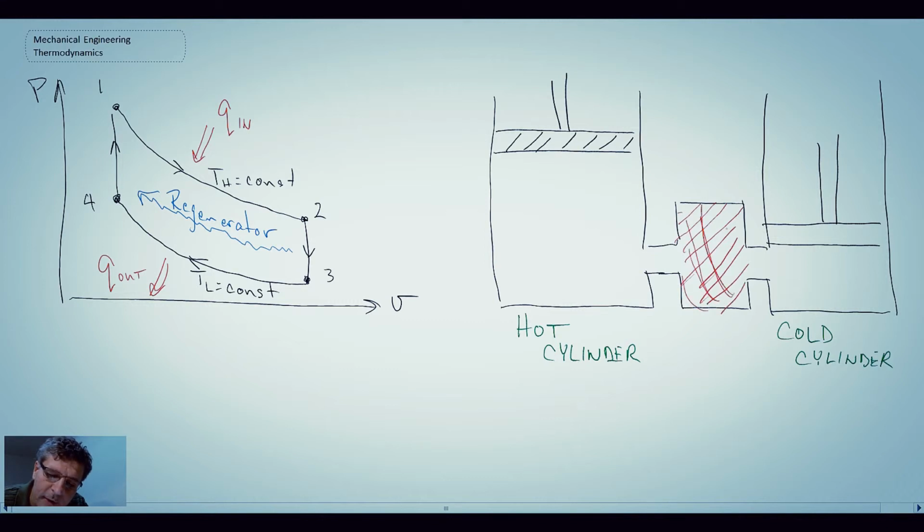Now typically regenerators have the characteristic of high thermal mass. They're able to store thermal energy. It could be constructed out of something as simple as steel wool or a porous metal matrix that does not have high pressure drop when the gas goes through it, but it can still maintain thermal energy.